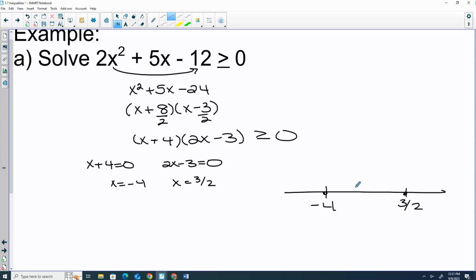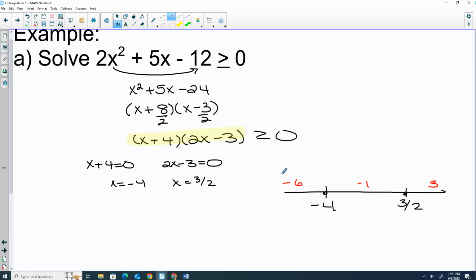So we pick a number in each interval. So smaller than negative 4. In between. And bigger than 3 halves. And we are plugging those numbers into my factored form. I don't care about what it's equal to. All I care is whether it's going to be positive or negative.